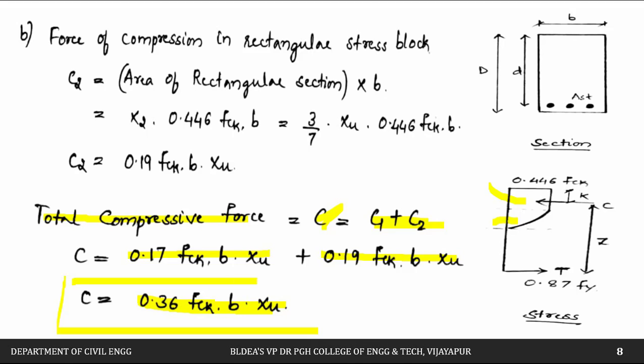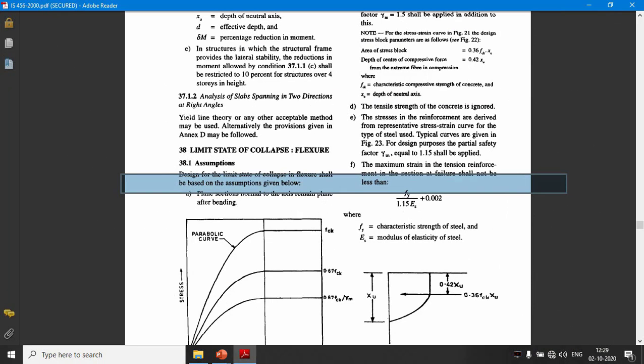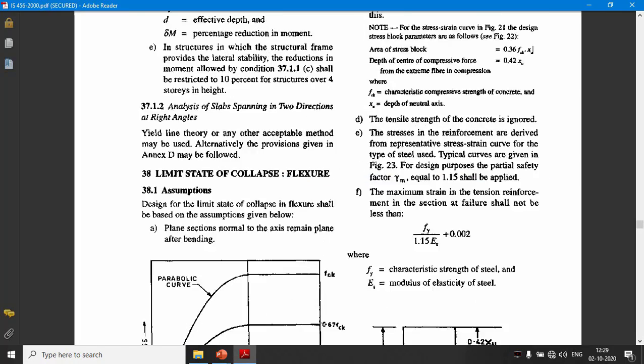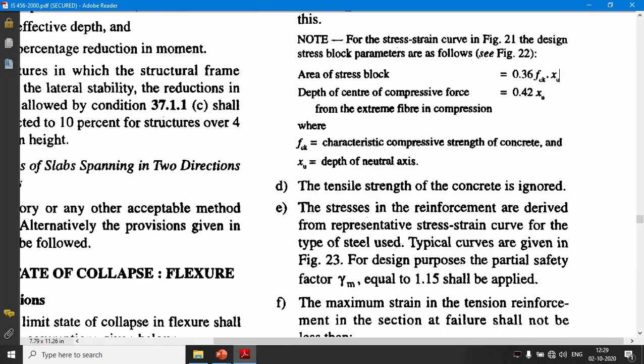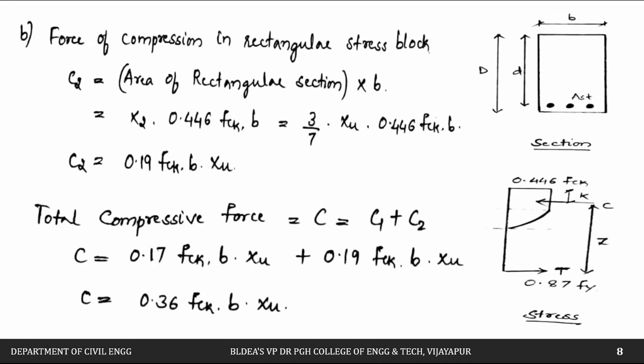This is nothing but the total compressive force which is going to act. The same thing is already given in the code book: they have directly given the area of the stress block as 0.36 fck into xu.